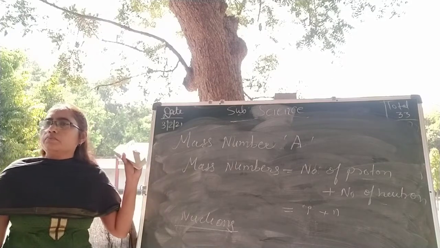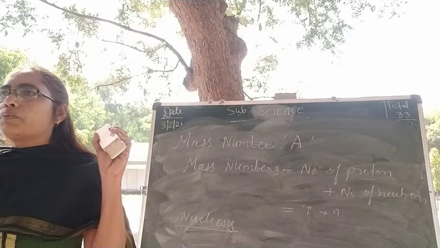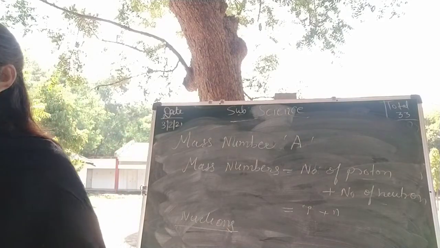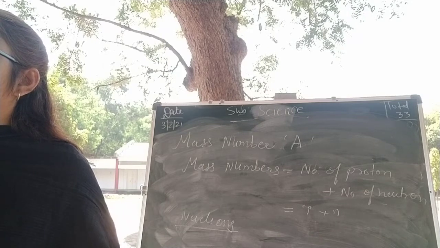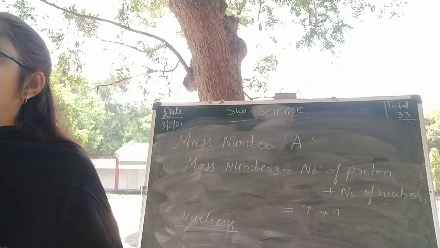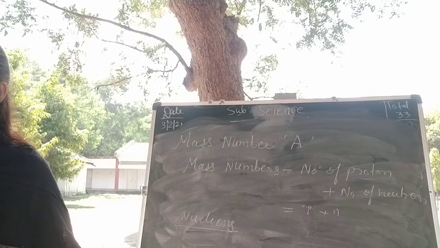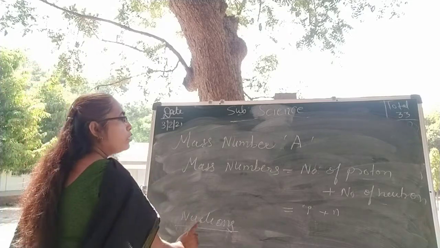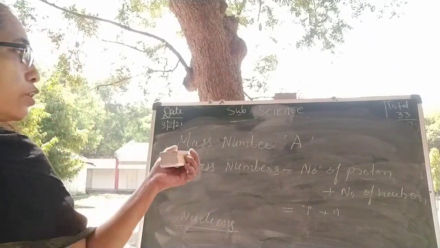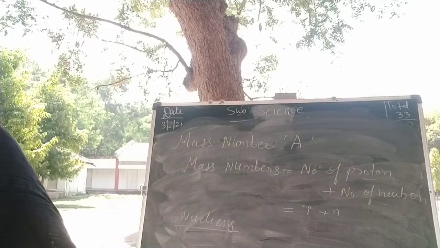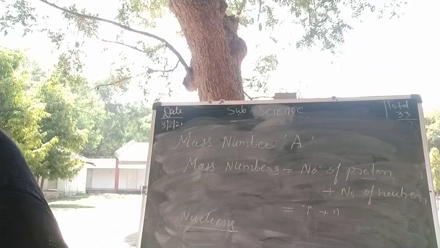So in an atom, there are 6 protons and 6 neutrons. So how many nucleons are there? 12. So the term nucleon is for the number of protons and the number of neutrons. So this is the mass number. Clear?